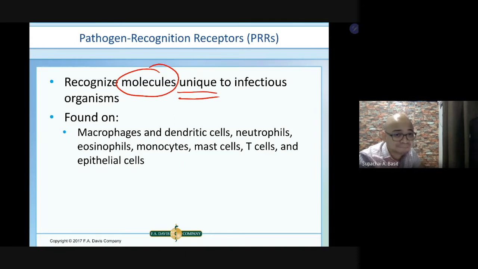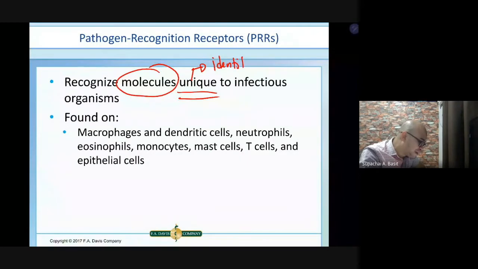What does it mean? It means that these molecules will be able to provide a mark so that the infectious organisms will be identified.